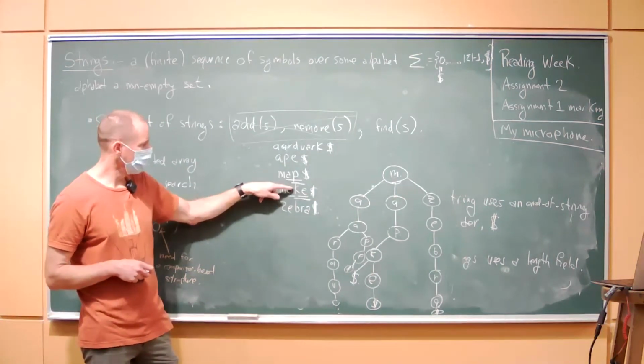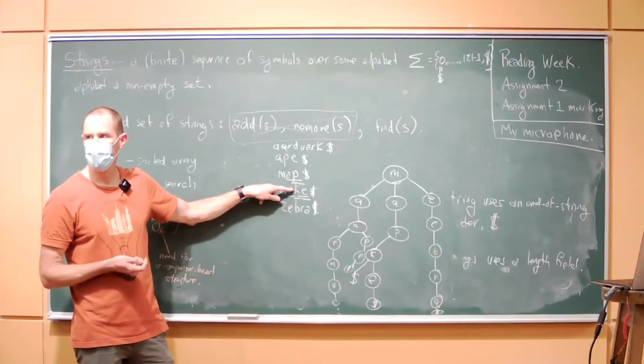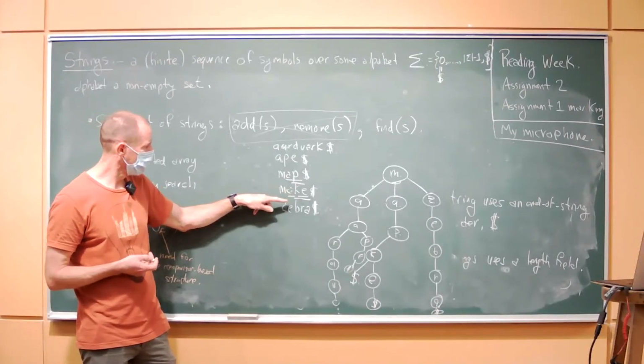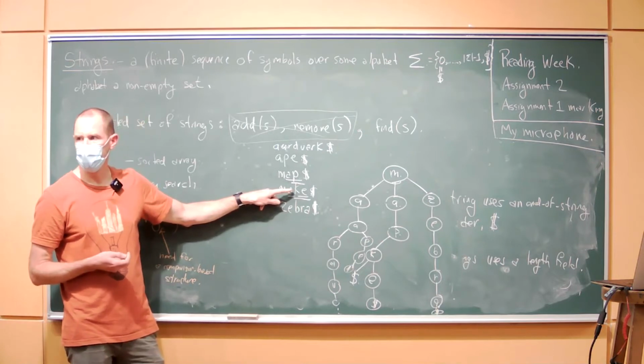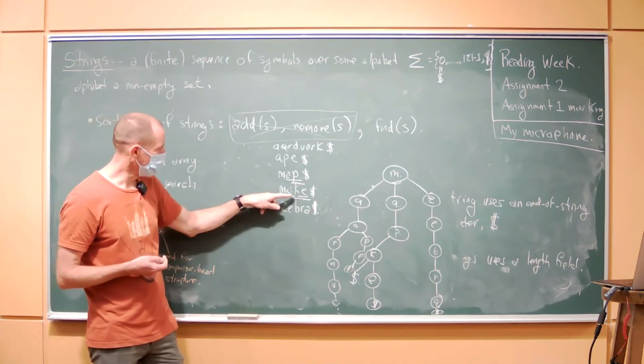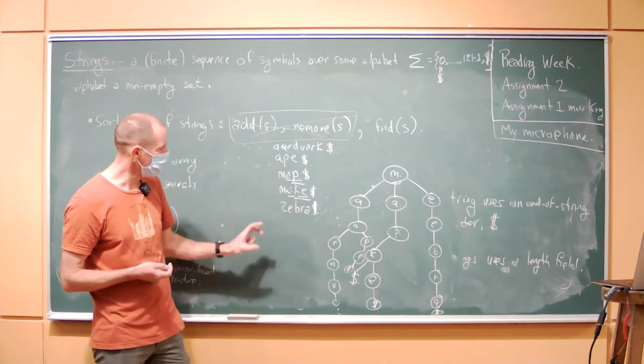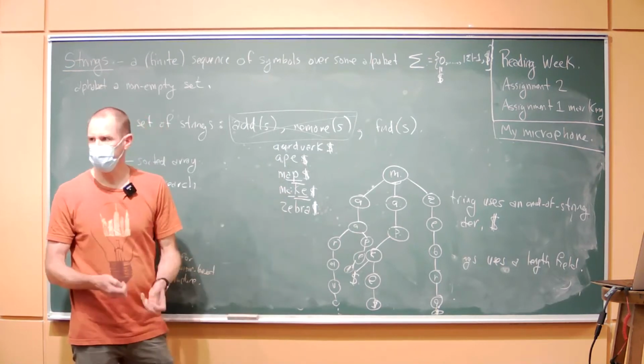We have to pick P or K. No, A is going to have only one child. It's because all of the strings that we're currently considering all start with A.